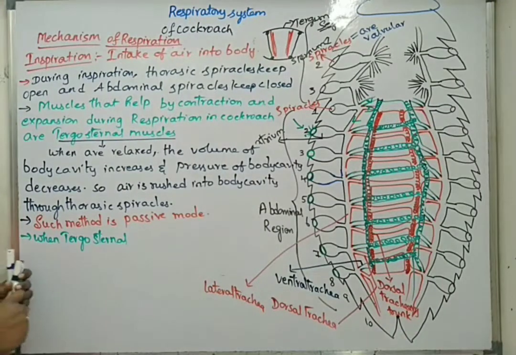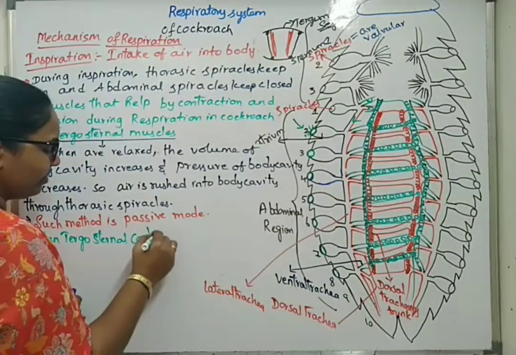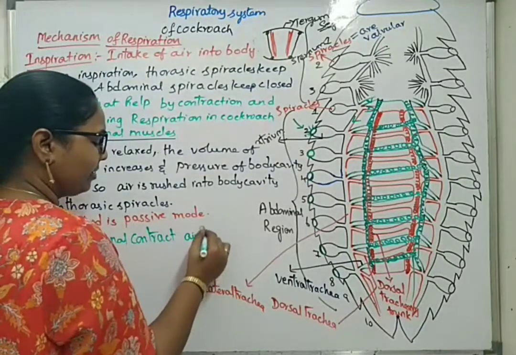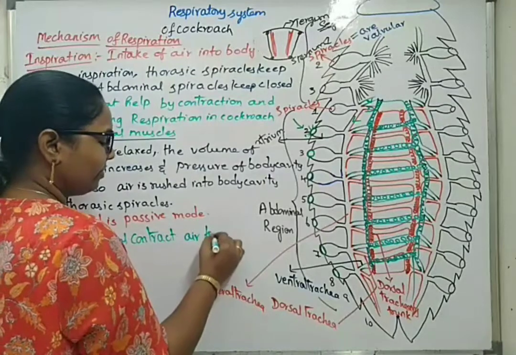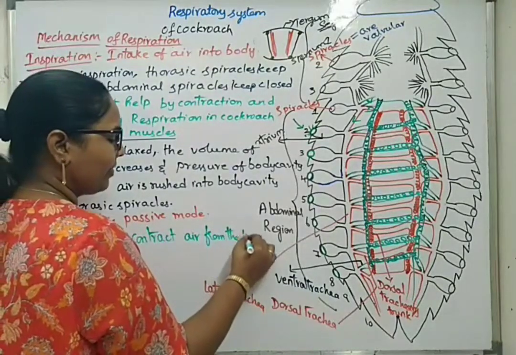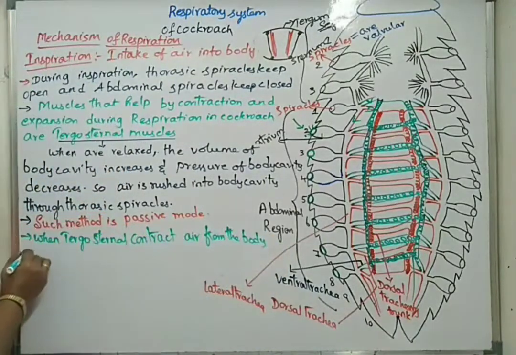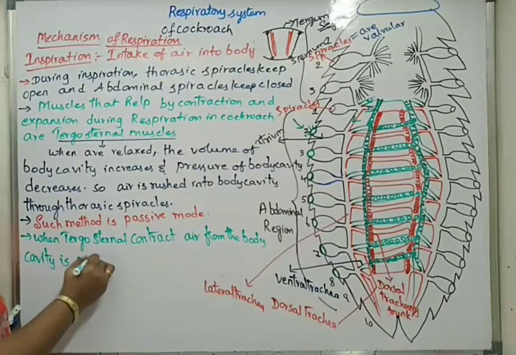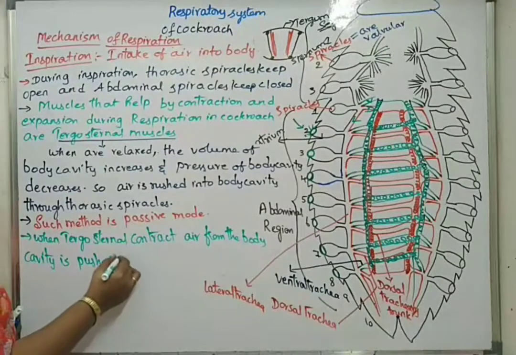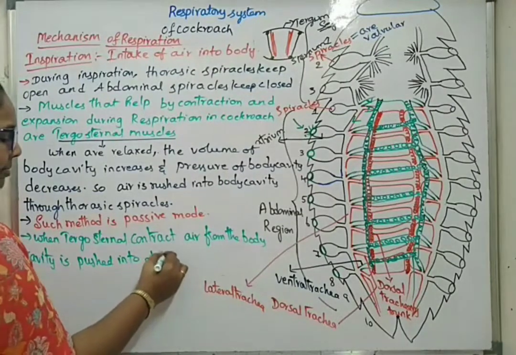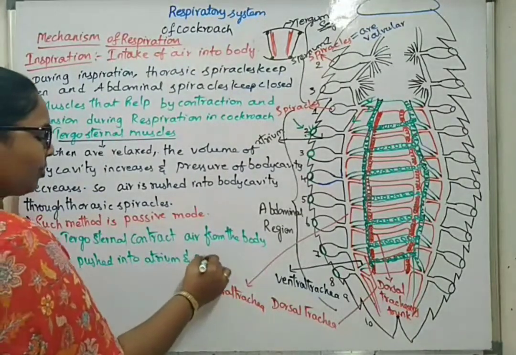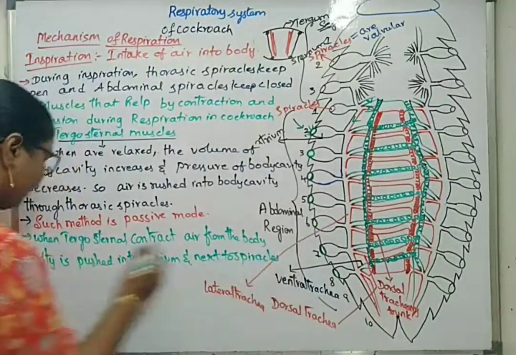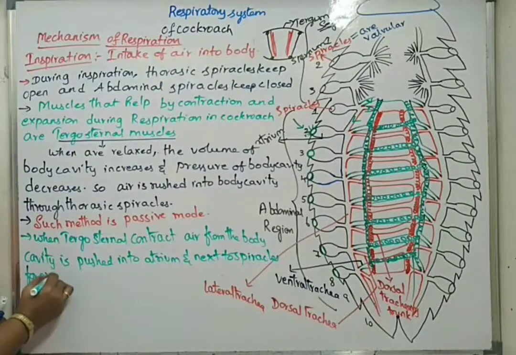So when tergosternal muscles contract, air from the body cavity is pushed into atrium and next to spiracles for expiration.